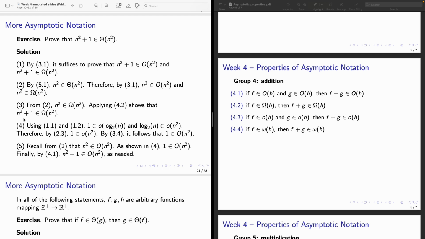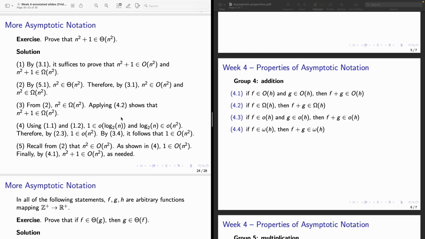So if you bring constant multiples into it, they'll have the same asymptotic growth rate. Cool. Then we've shown that n squared plus 1 is in big omega of n squared.